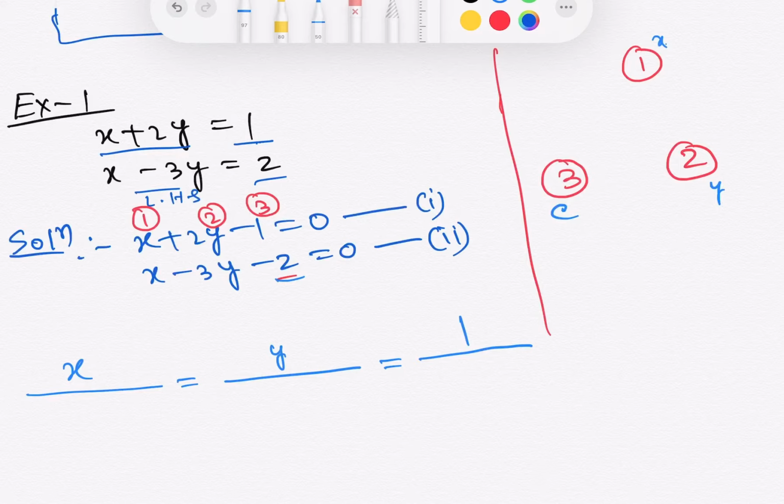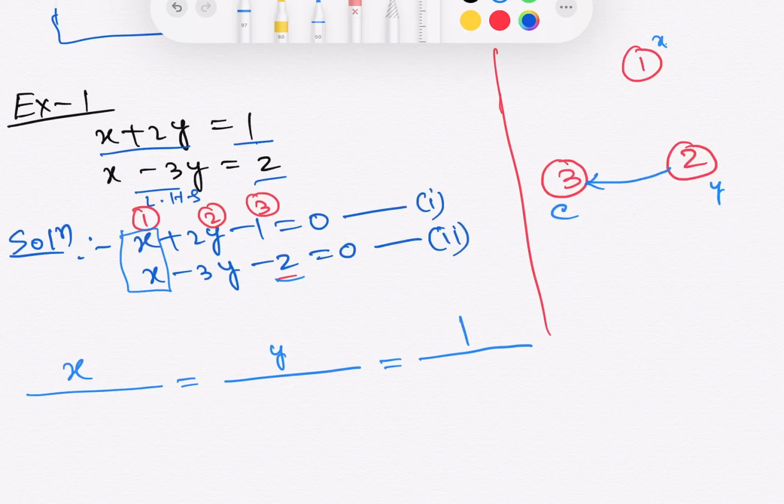When we deal with x, we don't consider column 1, only 2 and 3. Now we draw an arrow anti-clockwise from 2 to 3. This means we first write the coefficient of y, then the coefficient of the constant part.